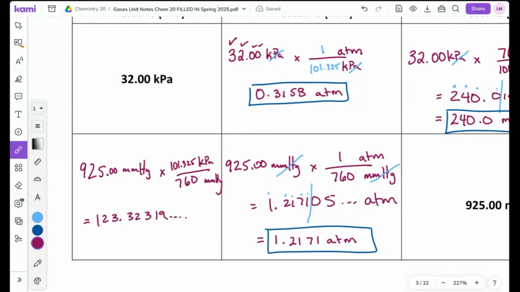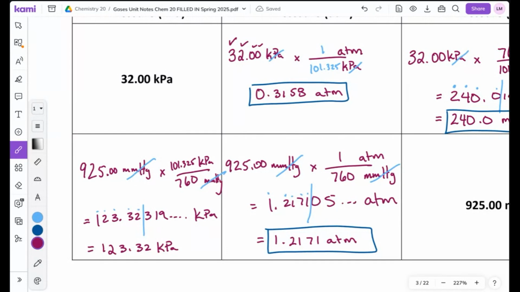The number keeps on going forever. Millimeters of mercury canceled out. We're left with kilopascals. Now we need our final answer in 5 sig digs. So starting from the left, 1, 2, 3, 4, 5. There's my cutoff line. So my final answer is 123.32 kilopascals.